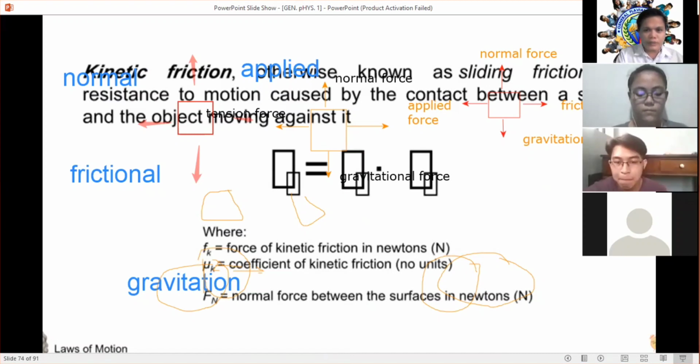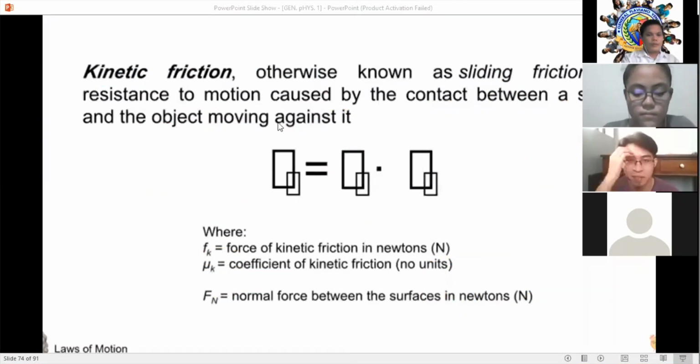We all know that friction is the opposing force. But we also have kinetic friction, otherwise known as sliding friction, the resistance to motion caused by the contact between a surface and an object moving against it.